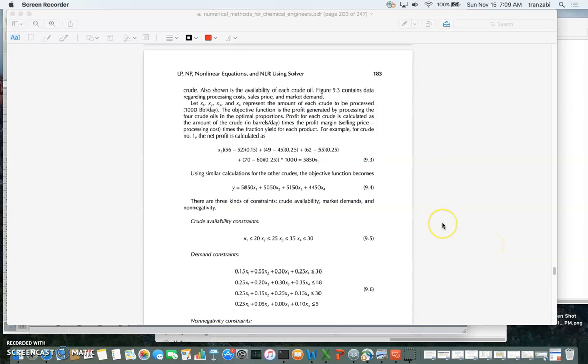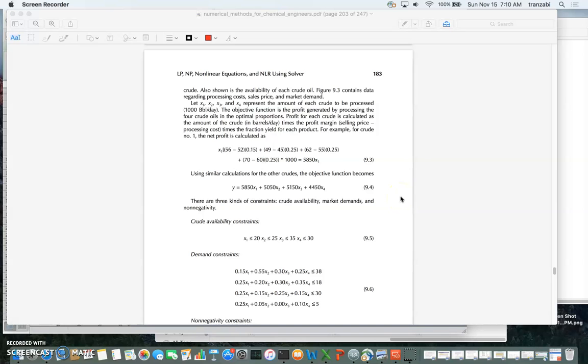All right, so we're going to continue our discussion of how to solve this optimization problem for a refinery factory. We talked about the constraints. We talked about the objective function, which is basically optimizing the net profit for the company.